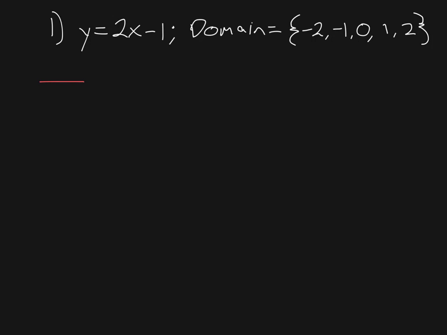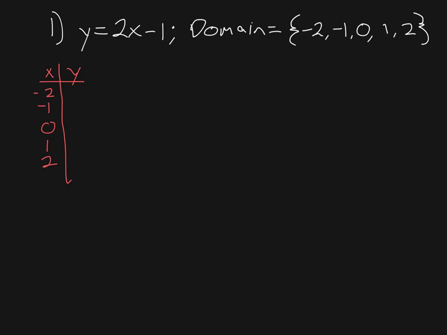So let's draw a table. We have x and we have y. Now to calculate these y values, we know our x value is going to be -2, -1, 0, 1, and 2. We're just going to take those inputs, plug them in, and calculate.